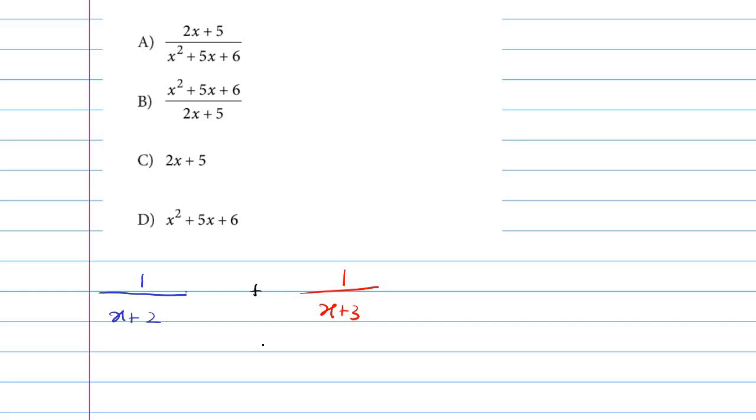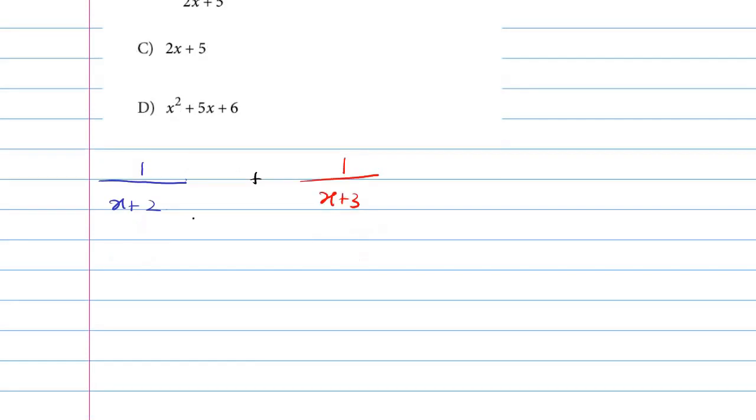We need to convert these two fractions into something that has a common denominator. Sometimes people call it the least common denominator, or you can just call it the common denominator itself.